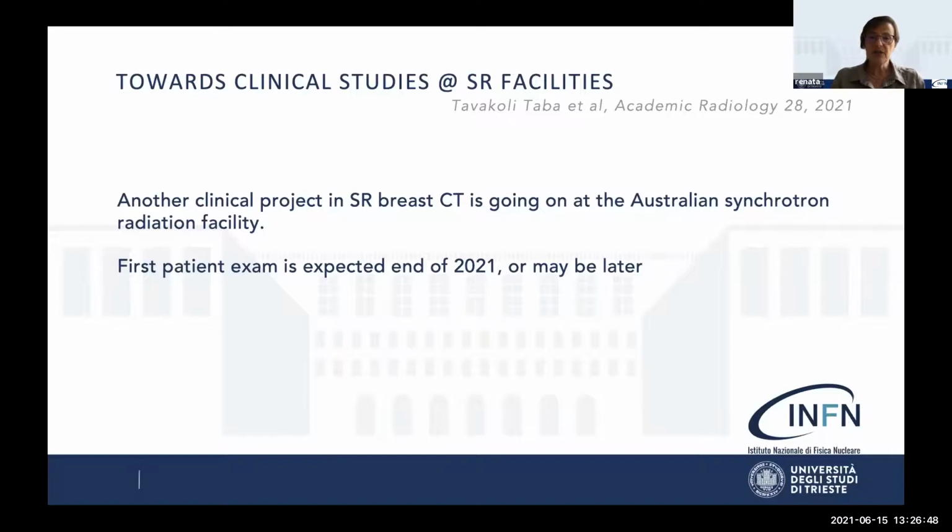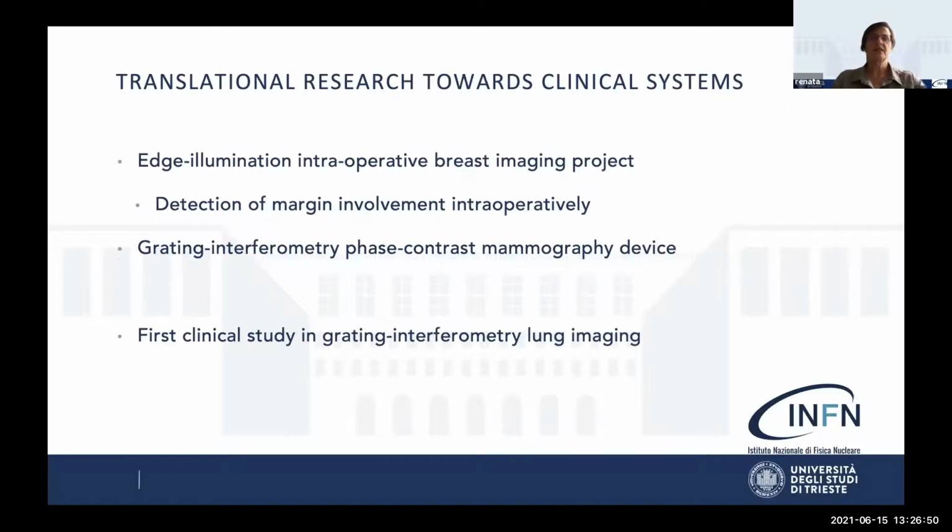And this is about synchrotron radiation. But probably a lot of you are interested in the translational research toward clinical systems. I also saw some comments during Professor Rigon's talk about moving towards the clinics. Well, I wanted to present three selected programs.